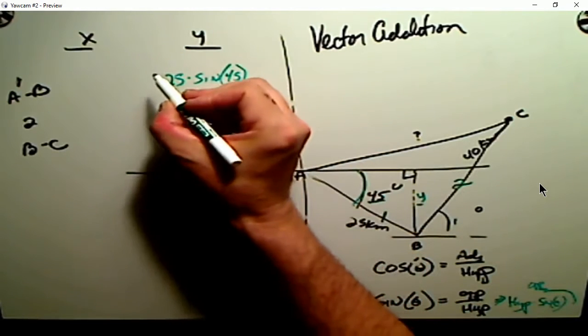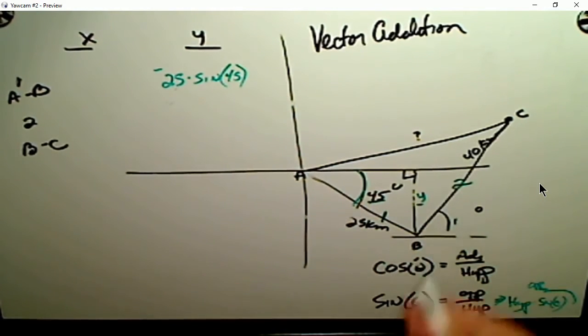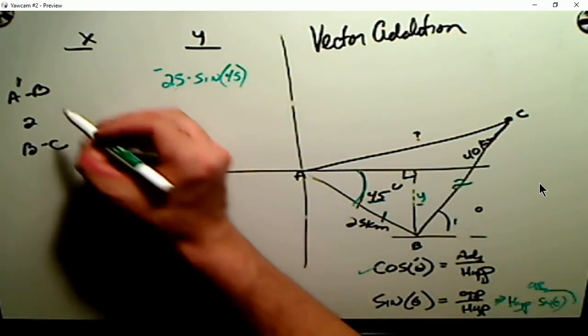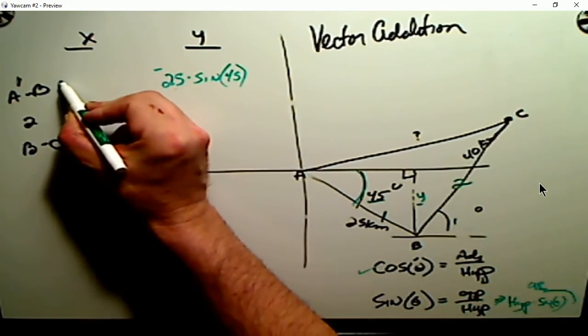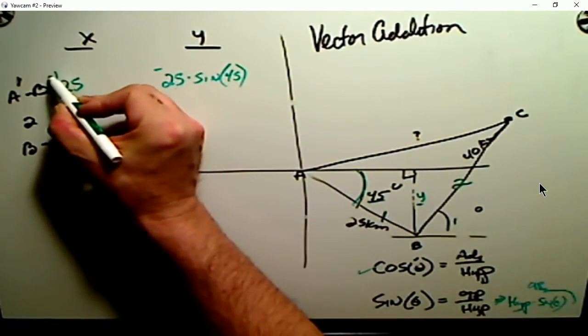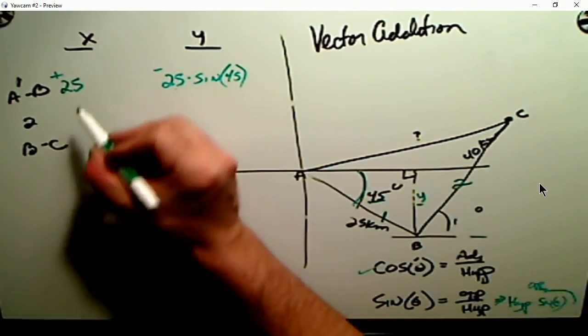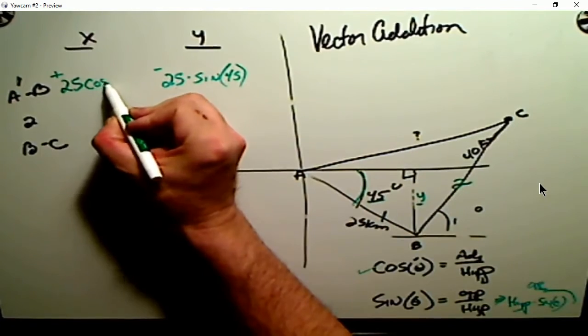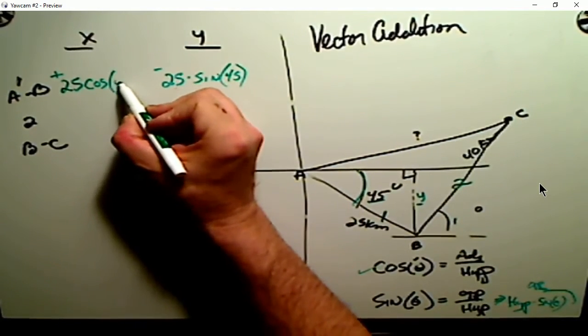It's going to be a negative. We're in this negative quadrant in the y direction. In the x, we can use the cosine equivalent to what we just did. And it's 25 positive in the x direction, cosine of 45.